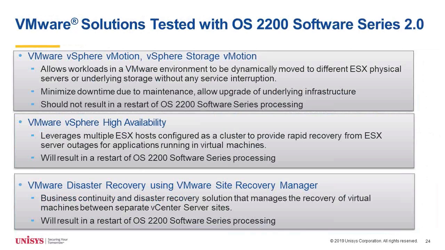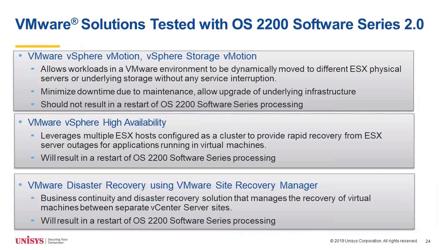Now with the VMware products, we have tested certain capabilities. We've tested the vSphere vMotion and storage vMotion. This allows workloads to be dynamically moved between the various ESX servers that are part of a VMware installation. It can minimize downtime for maintenance on those devices.